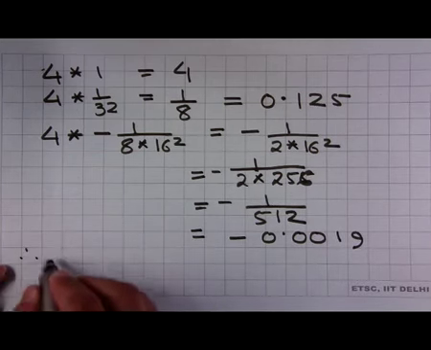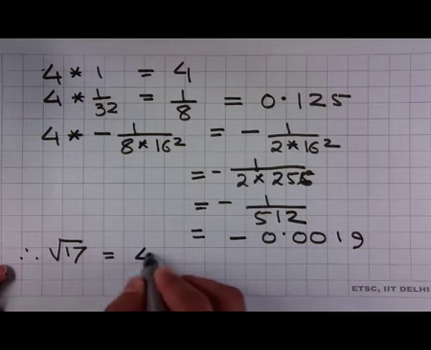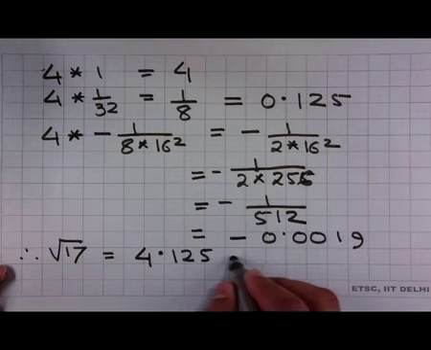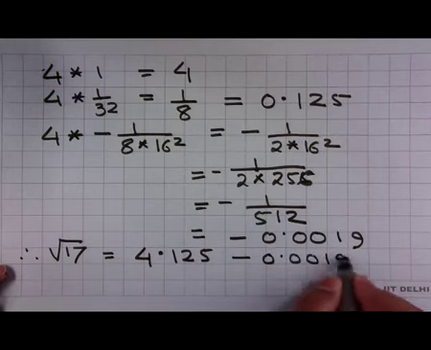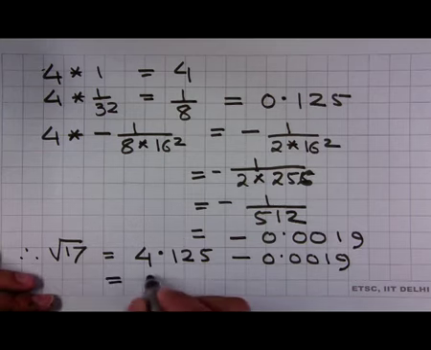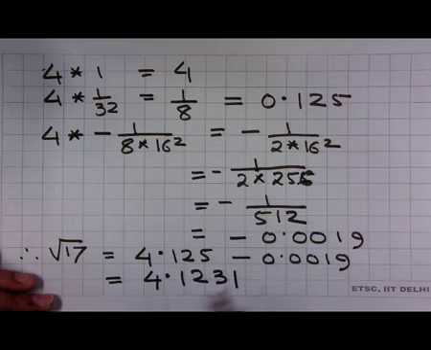Therefore, square root of 17 is equal to 4.125 minus 0.0019, which is equal to 4.1231.